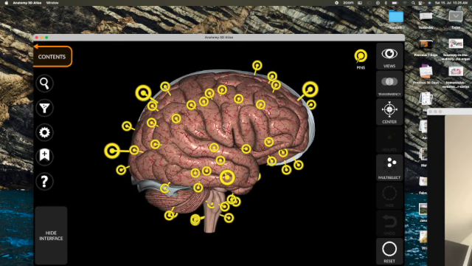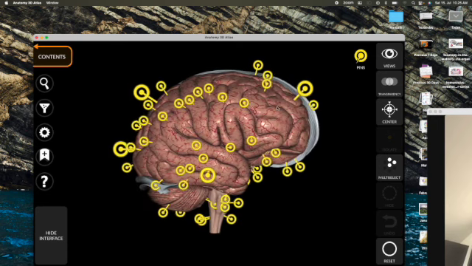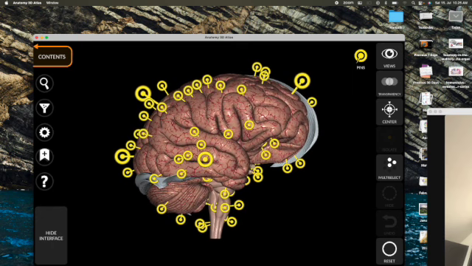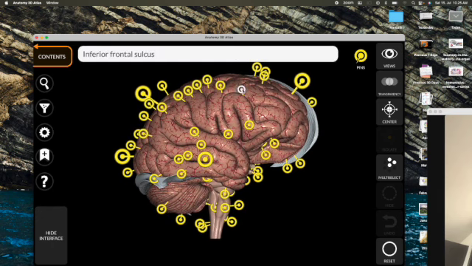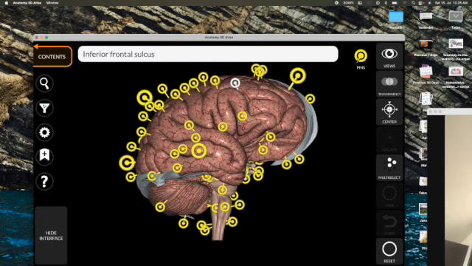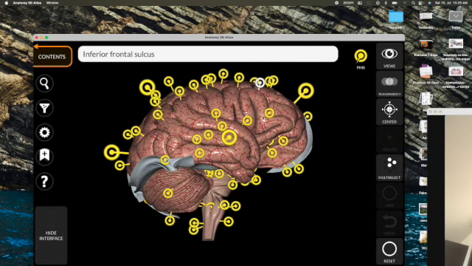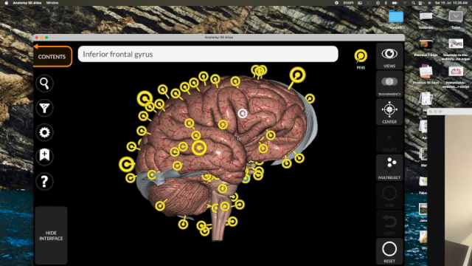So when you start to study the brain, that's actually all it is. So this is a sulcus, that's a sulcus, and then when you want to look for, let's say, Broca's area where language is happening, that's inside the gyrus. It's right here, the inferior frontal gyrus.